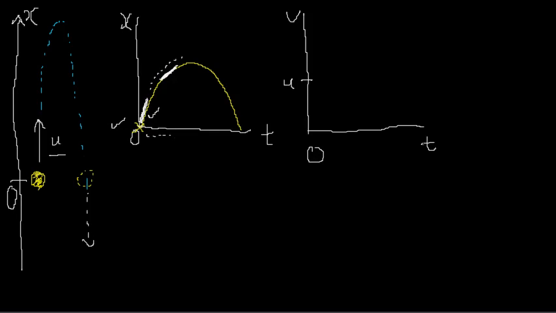That means that the velocity is smaller, because the gradient is smaller. And at this point here, the gradient becomes horizontal. Horizontal gradient means 0 gradient, means the velocity is 0. So on the velocity time graph, you can imagine that as time passes, the velocity decreases, and at some point it decreases to 0.